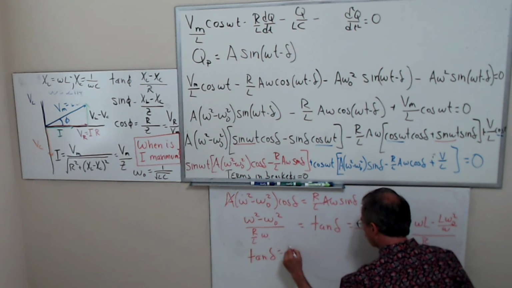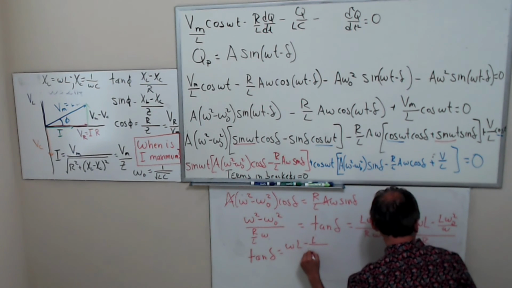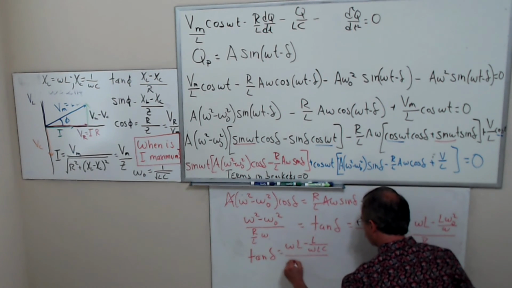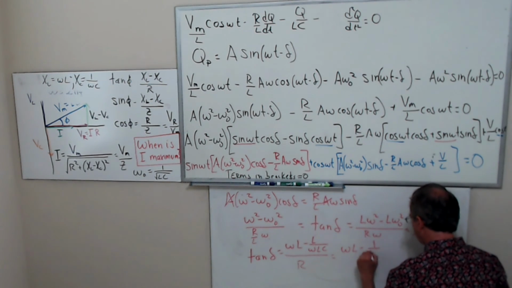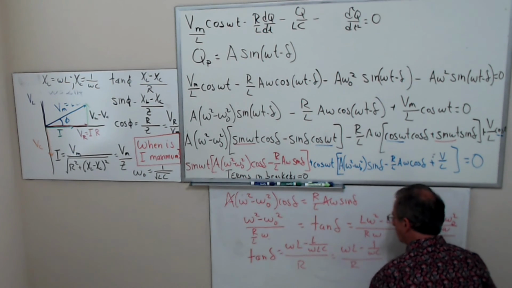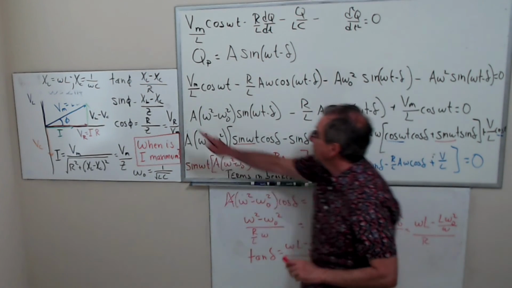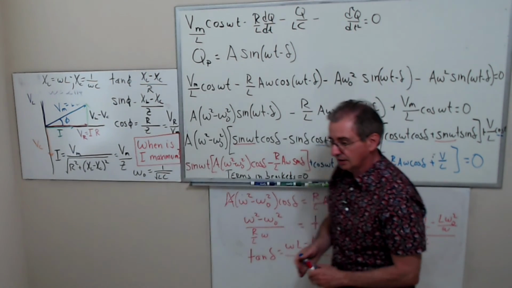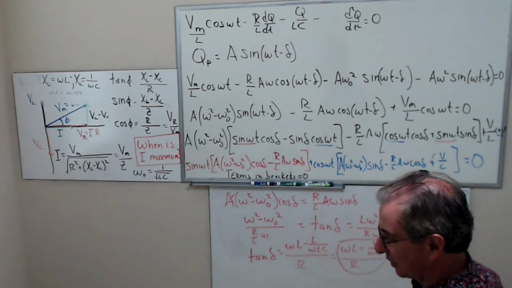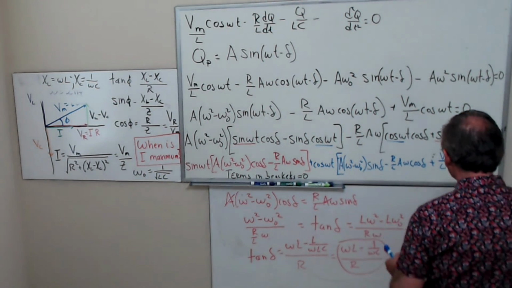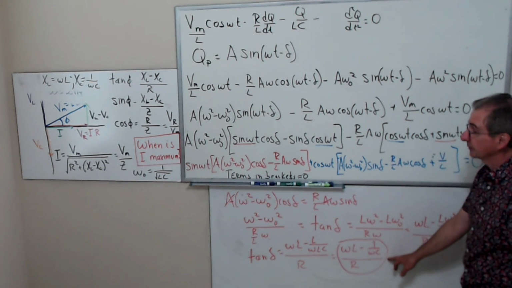Omega naught squared is 1 over LC. And so this is that. Okay, so you can see where the solution comes from. So the next thing then is to solve this term, this guy. Does everyone see this?